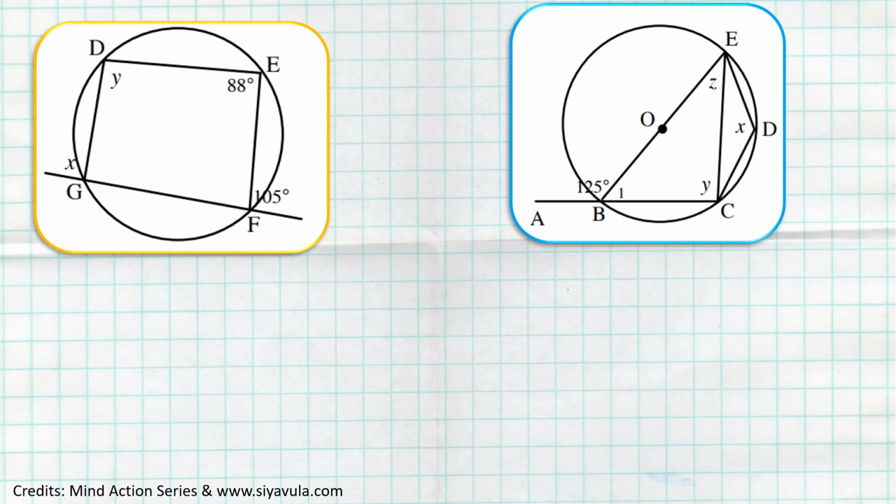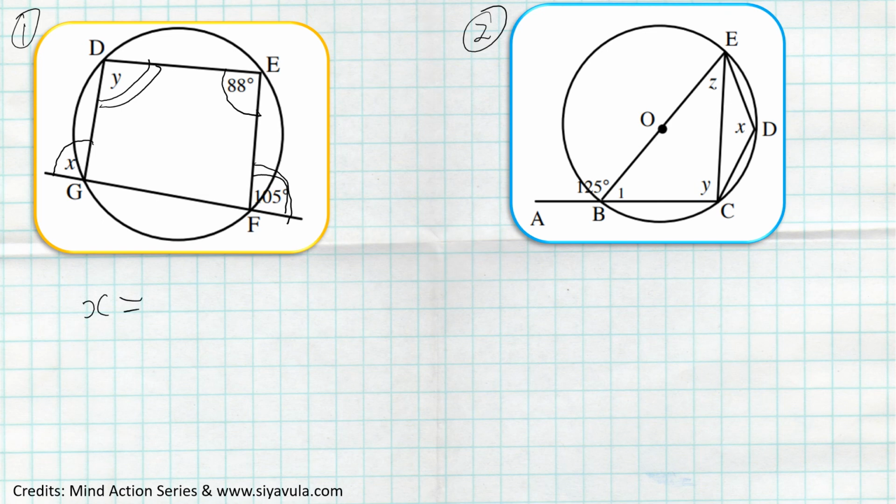Okay, so this is our number 1 and this is our number 2. They want you to solve for x and y. Can you see that DEFG is a cyclic quad, and it has some exterior angles here? What can we deduce? Exterior angle of a cyclic quad is equal to the opposite interior angle. So it's quite simple to solve.